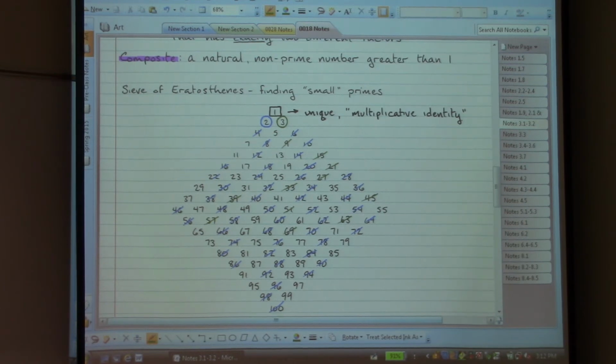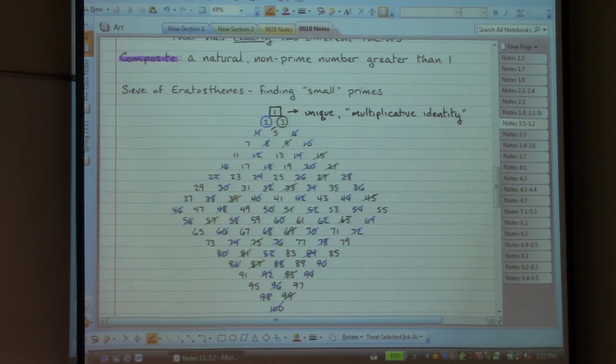Until we get to the end of our list and we are able to return to the top once more in order to select the next number that has not been circled or crossed out, which is the 5. That means the 5 is the next prime number.